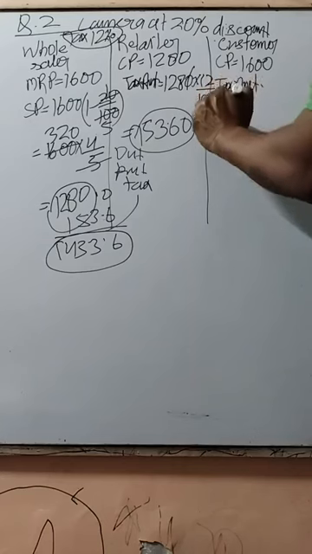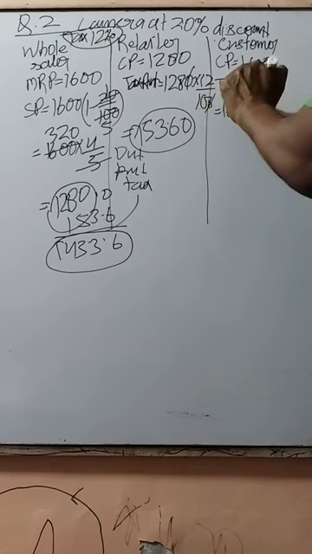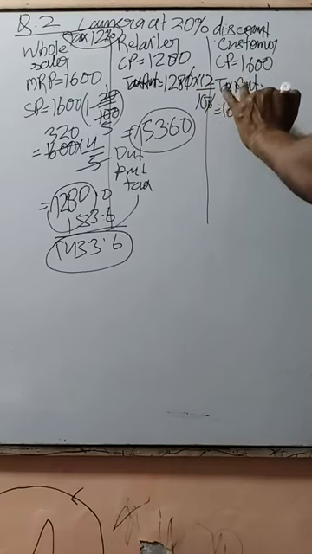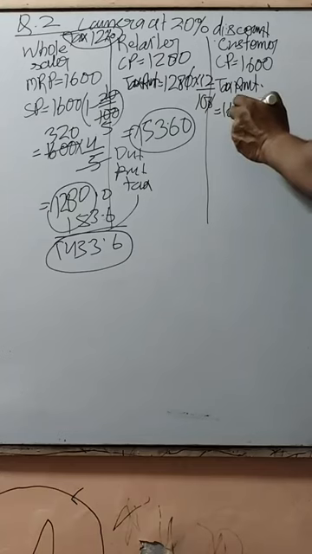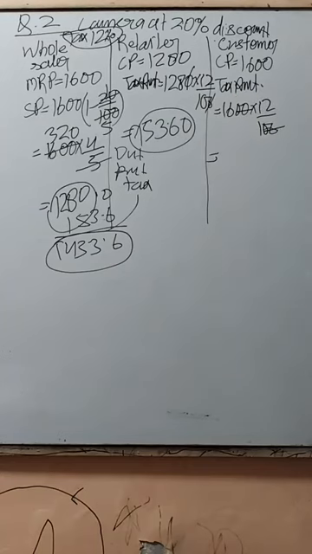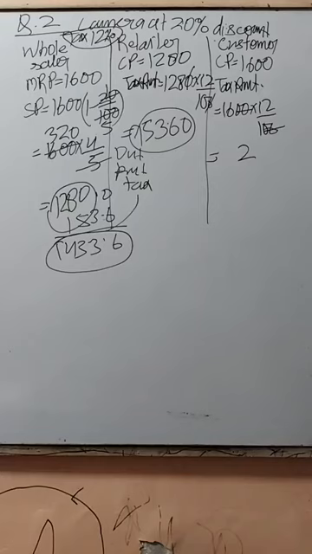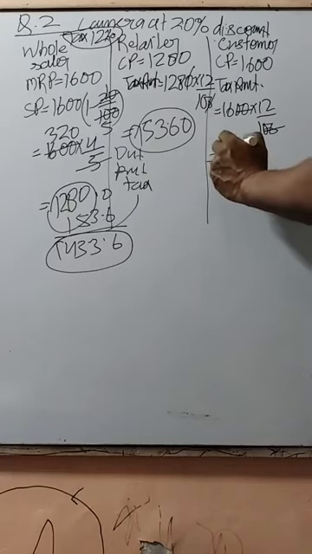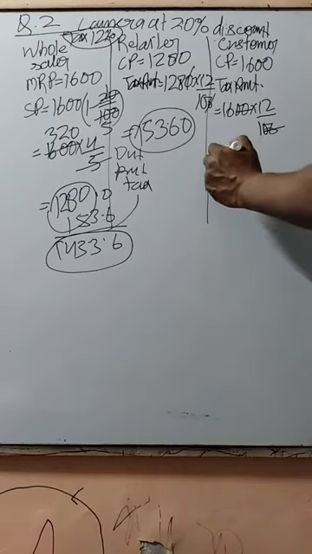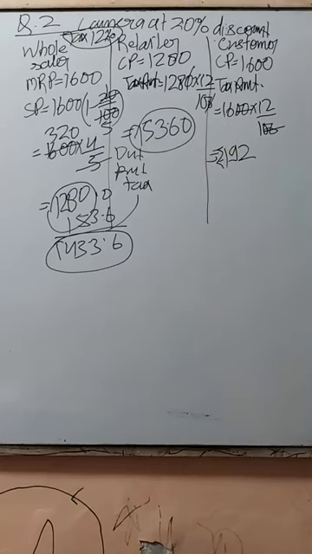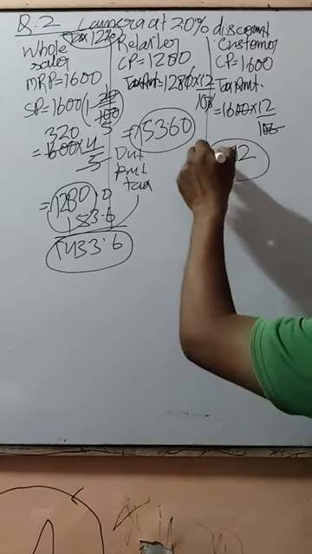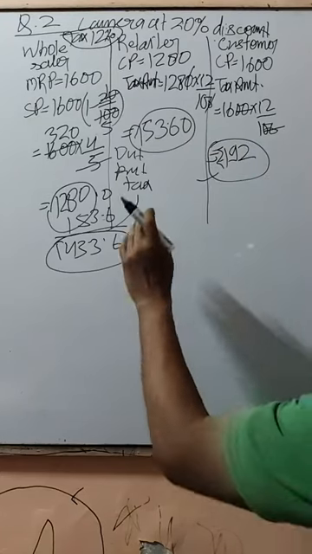is 1600 into 12%. 2 zeros gone. 6 times 12 becomes 72. 192 rupees. 192 rupees tax he paid. So that is output. No, sorry.